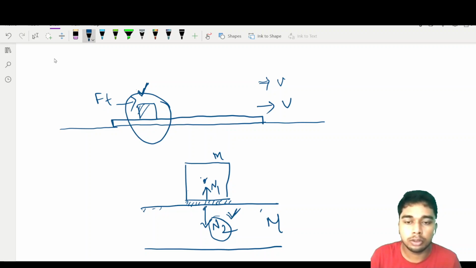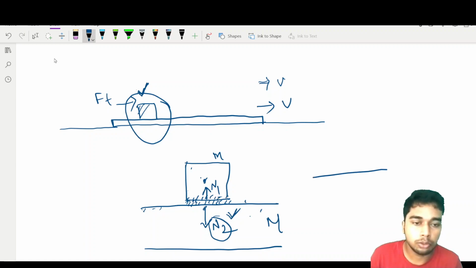For this block, the normal reaction will be from the surface of capital M, the plank, and for the plank case, the normal reaction will be from the surface of the small m. I mean this one. So there are two surfaces.